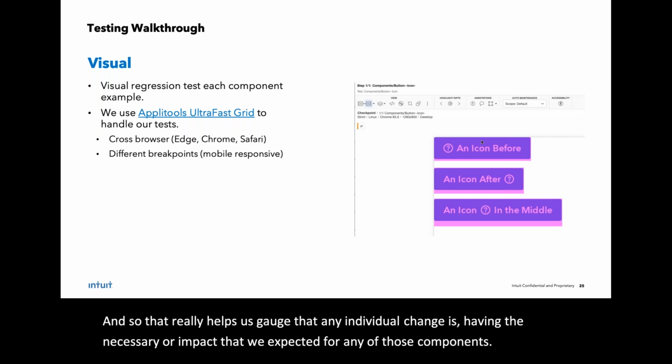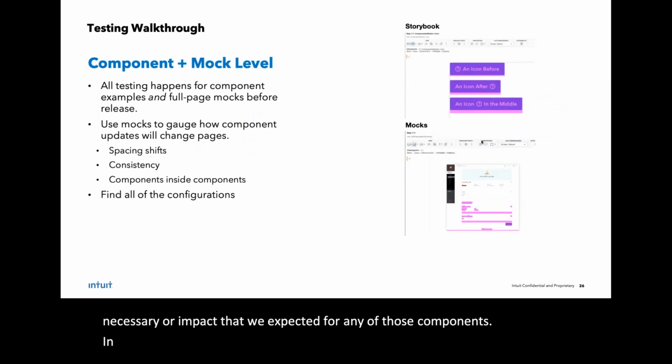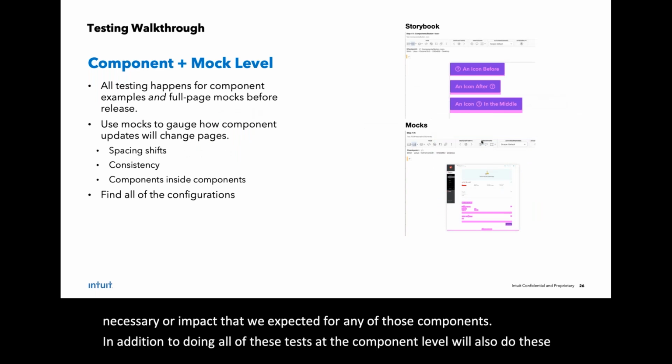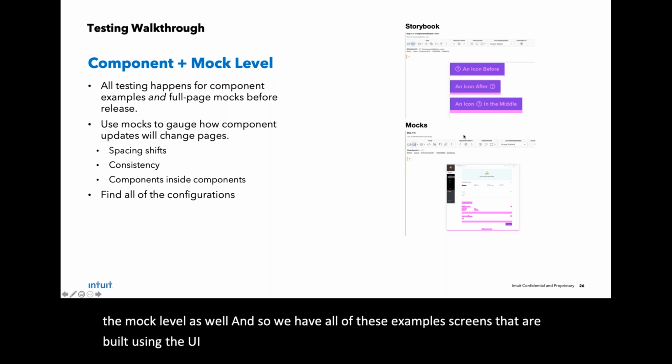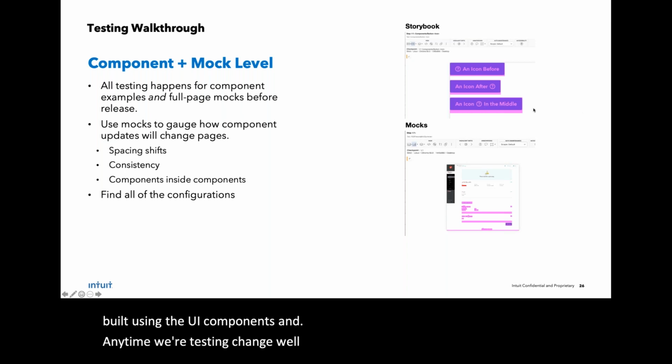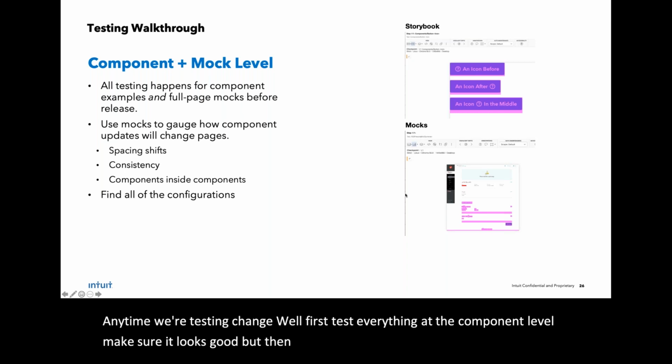And in addition to doing all of these tests at a component level, we'll also do these at the mock level as well. And so we have all of these example screens that are built using the UI components. Anytime we're testing a change, we'll first test everything at the component level, make sure it looks good, but then we'll also roll out all of those changes to the mock level.